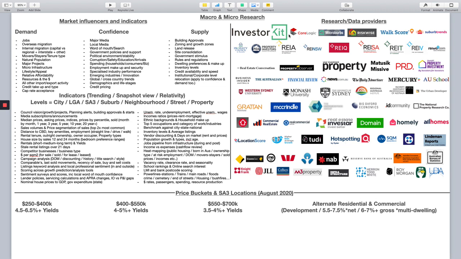So the top layer starts with us, but in this first line is your pool of data. For example, CoreLogic, for 3 or 4 grand a month, has a trends file, and you can pull that, and each month you get all the different trends occurring across the different LGAs and suburbs and so forth. Very valuable data, something that's very popular. Then you have Microburbs, risk-wise, Walk Score, suburb trends.